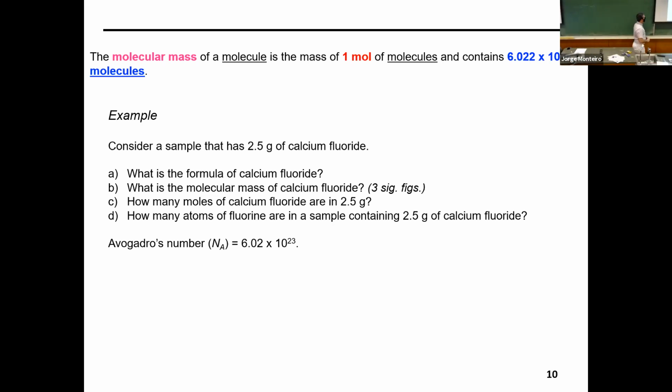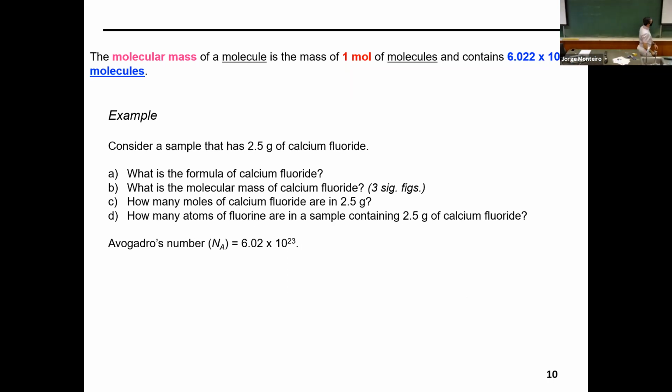Once you know the formula, the determination of the molecular mass is very simple. We add up all the elements that contribute to the formula. We have here 1 atom of calcium and 2 atoms of fluorine. To speed up the process, the molecular mass is 78.0 grams per mole.